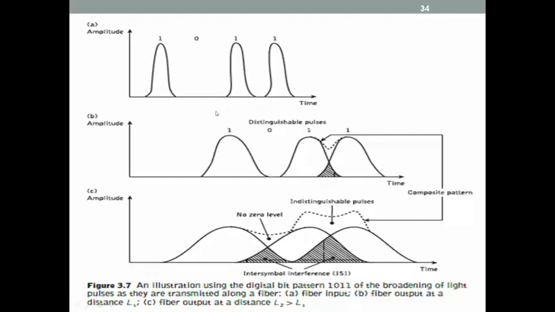Once it has been transmitted through the fiber, at the output at distance L, this 1 is going to have a delay, and this is 0 and this is 1 and 1. So here there is not much of a difference. And then the fiber output at a greater distance L2, which is higher than L1, is completely overlapping on the neighbor's signal, and hence we call it ISI.